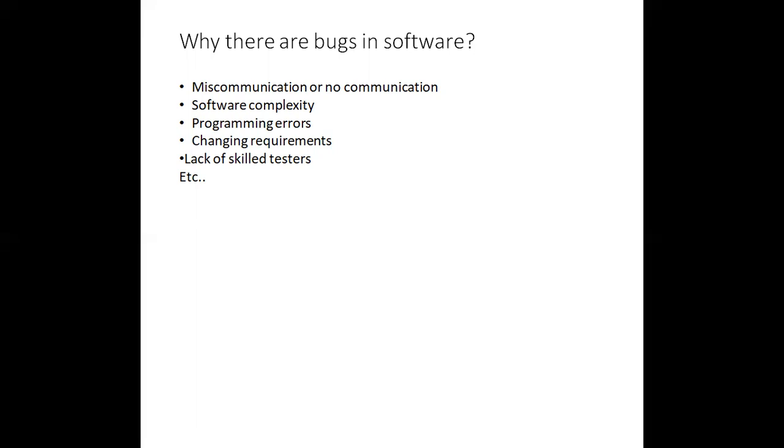We give a proper username and password, but the database is unable to recognize it. So there is a miscommunication between the front end and the database, and at that time we will find a defect.